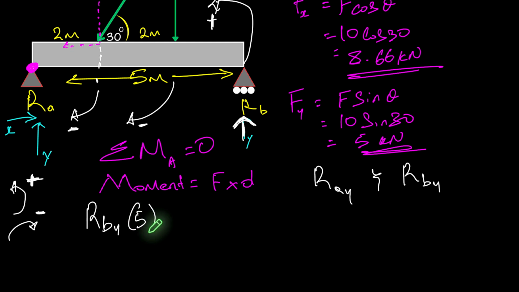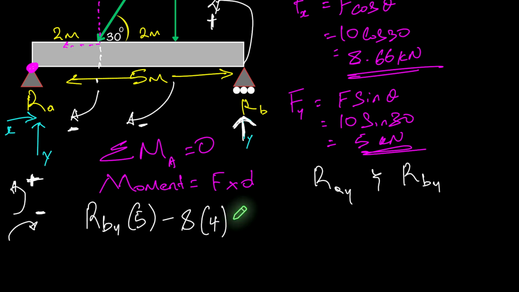And next we will have the force component. I'll go across to the 8 kilonewtons. That 8 kilonewtons is going clockwise, which I said will be negative, so we'll have minus 8, and its distance is 4 meters away from RA.